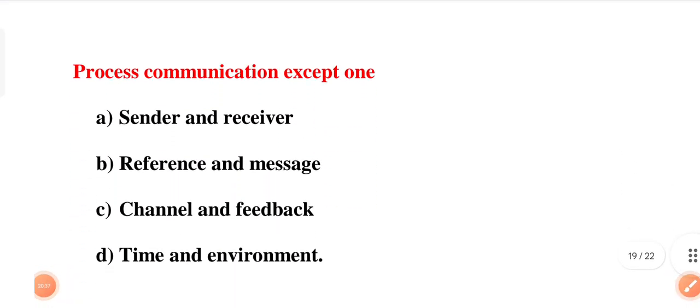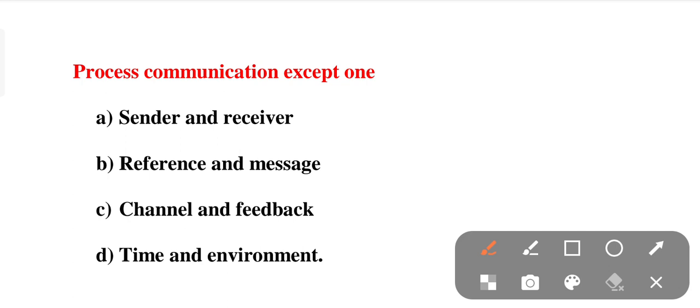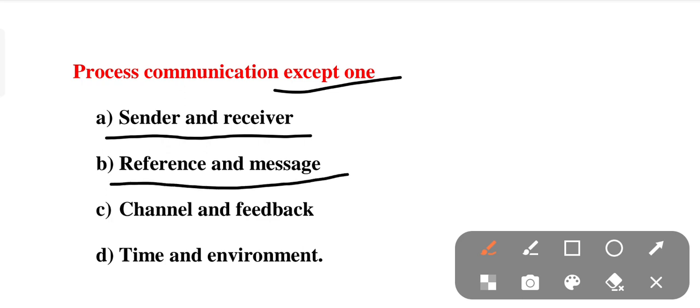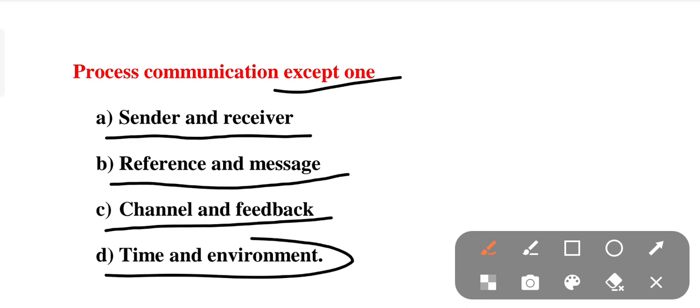So the next question is process of communication, except one. Among these four options, which is not a process of communication? Option A, sender and receiver. Option B, reference and message. Option C, channel and feedback. Option D, time and environment.